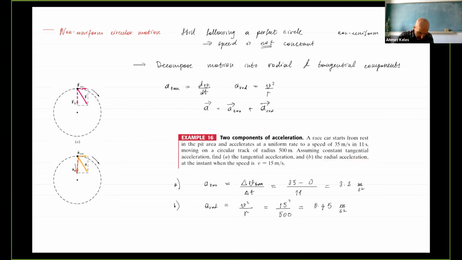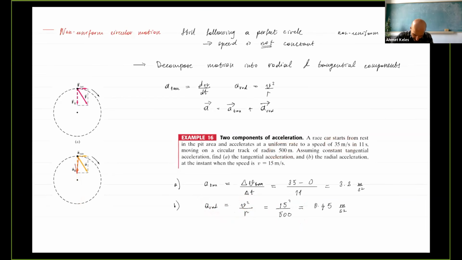At any instant, wherever you are, there's a radial acceleration, and that should be the acceleration from circular motion. Otherwise, you wouldn't be following the perfect circular route. So radial acceleration at any instant is equal to V squared, the speed at that instant, divided by the radius of that circle. This V itself is not constant, which means the magnitude of the radial acceleration is not constant. And I just plugged in this speed. Speed is 35 meters per second and radius is 500, and 35 squared divided by 500.